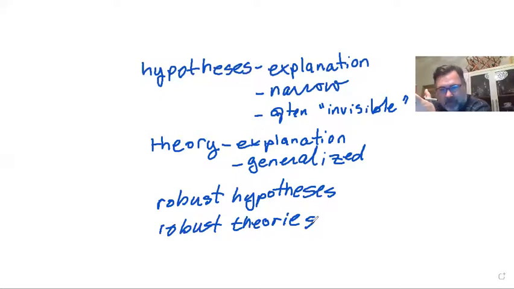A robust theory means it's a generalized explanation that has support from various fields because it is generalized. So the theory of evolution via natural selection has evidence from various fields, right? From genetics to paleontology, etc. That's what makes it robust, right?